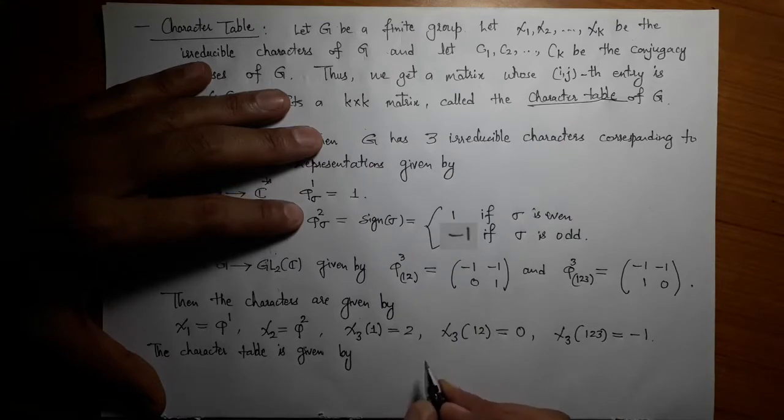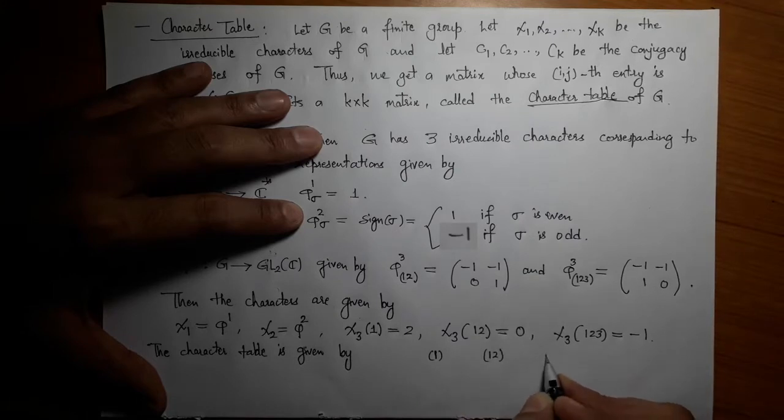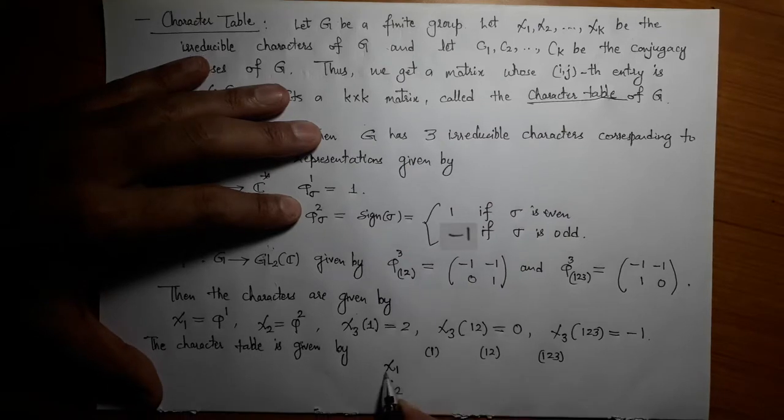So here you can write representatives of the conjugacy classes: the conjugacy class of 1, the conjugacy class of (1 2), the conjugacy class of (1 2 3), and here the rows you parameterize by the characters: chi1, chi2 and chi3. So let us write down the matrix.